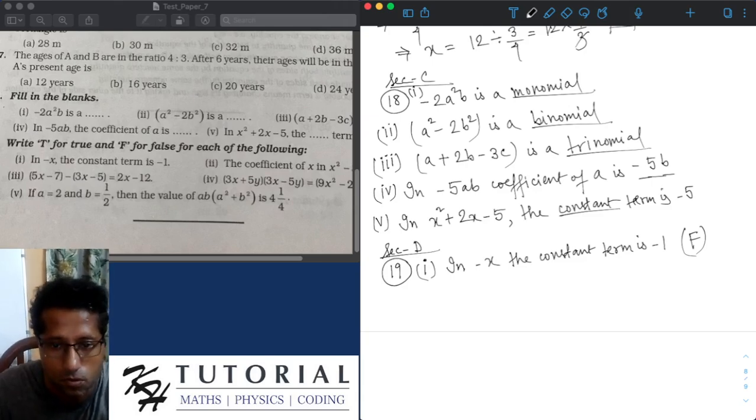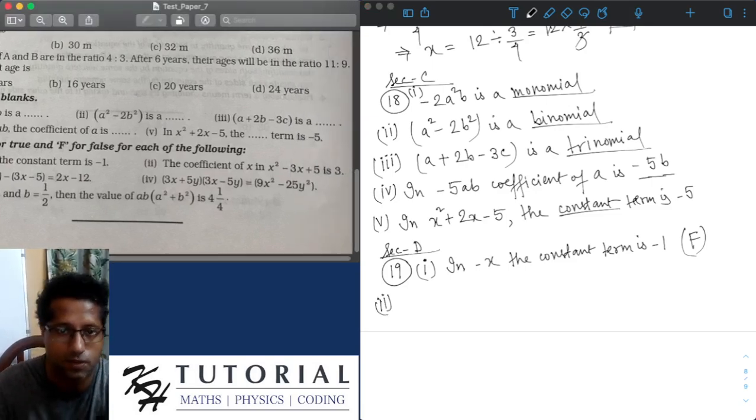Okay. So 2, what is 2 saying? The coefficient of x in x square minus 3x plus 5 is 3.